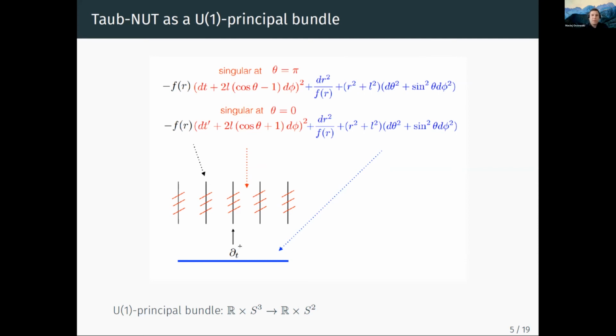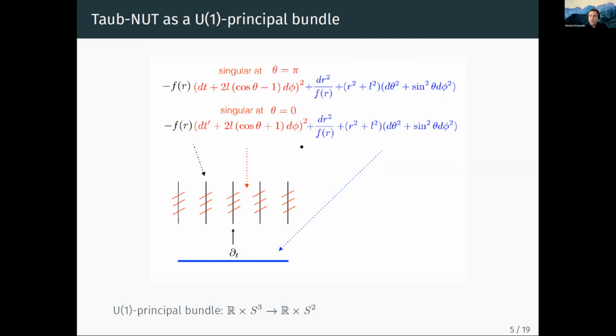And what we also need is a generator of this U(1) action, and it will be the Killing vector field d over dt, which now generates the U(1) action because we made the time periodic.